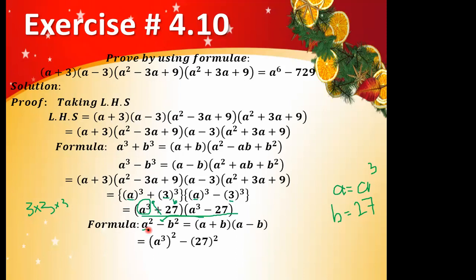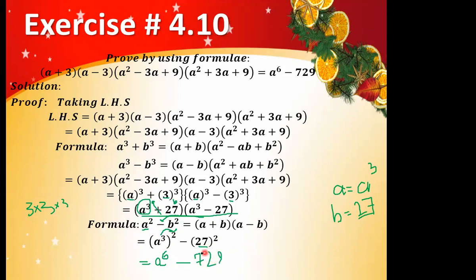Now next is term B, which is 27, and you are going to take the square of 27 as well, 27 whole square. After that, you will simply multiply power with the power. So it will become a^6, since 3 multiplied by 2 is 6, minus the square of 27, which is 729.